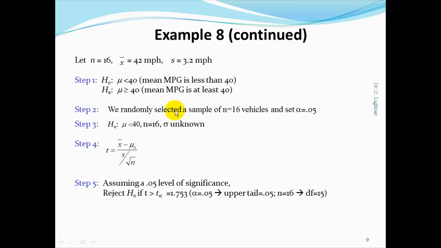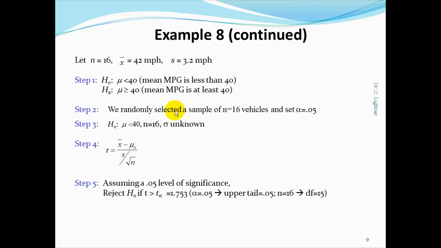In step 2, we're supposed to go out and randomly select a sample to test our hypotheses and state our sample size, which is n equals 16, and our level of significance, which is 0.05. In step 3, we should go out and research the appropriate test statistic and rejection rule for our scenario.